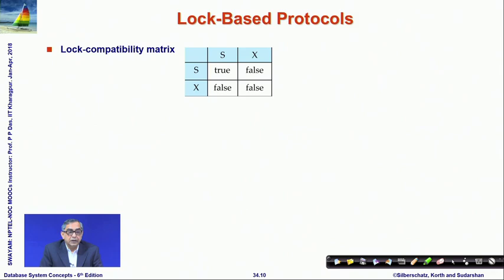This is what is known as the lock compatibility matrix. So, if there are multiple lock modes, which is what is expected, then you try to see which locks can be held or operated simultaneously. This is shown in terms of our present assumption, that is shared and exclusive lock. Naturally, two transactions can hold a shared lock simultaneously on the same data item, but no two transactions can hold a shared and an exclusive, or two exclusive locks, on the same data item at the same time.